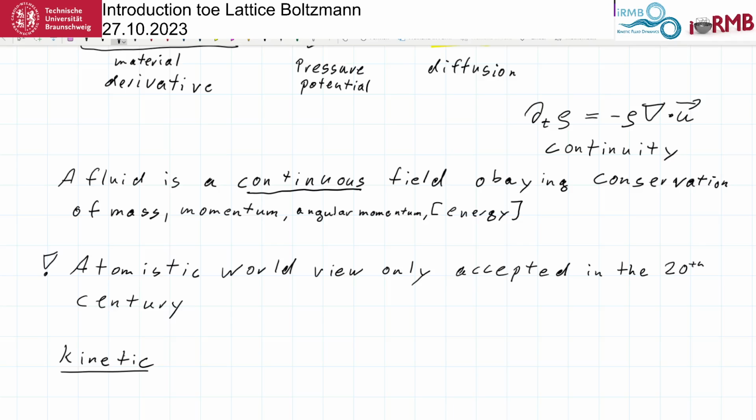So you learned, certainly you had technical mechanics or something like this, and there they will tell you that kinetics is the relation between forces and the change of momentum, right? This is what they tell you is kinetics. And mechanics is of course part of physics, so this is kind of physical kinetics.